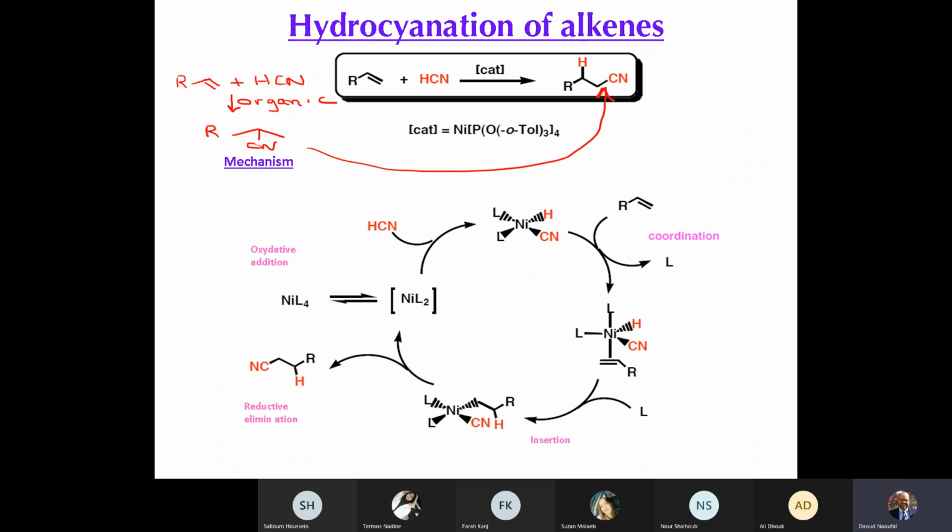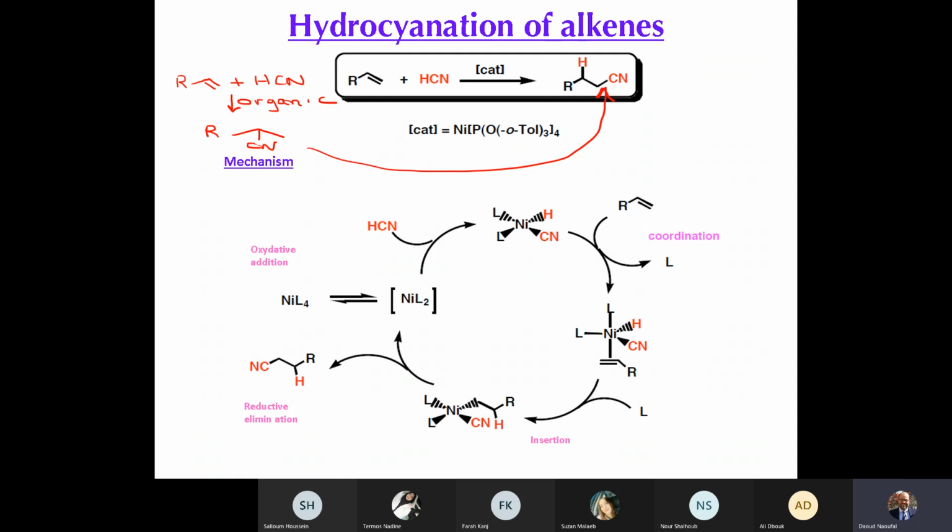Why? Because in the catalytic cycle, in the catalyst, when we have a metal hydride, the hydrogen is H minus. So this hydrogen will attack the more substituted carbon. So we have in the catalytic cycle the anti-Markovnikov rule.